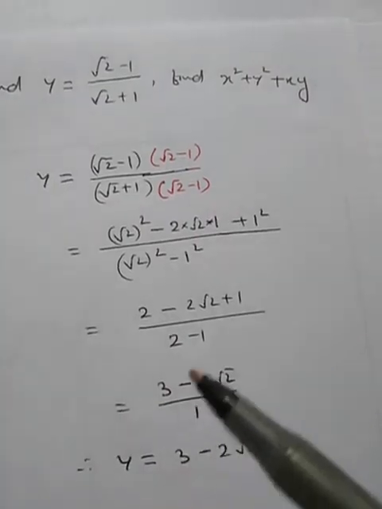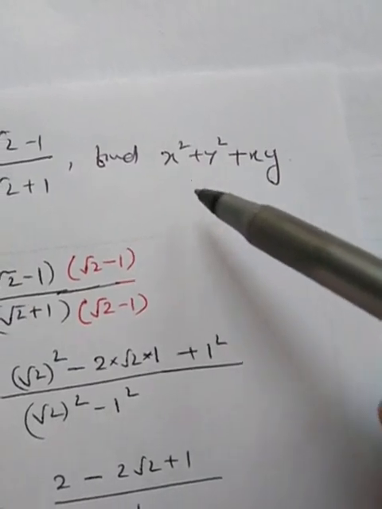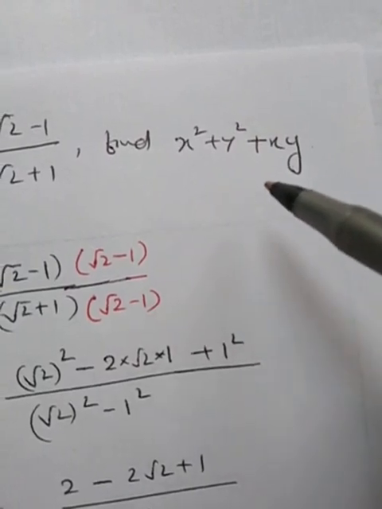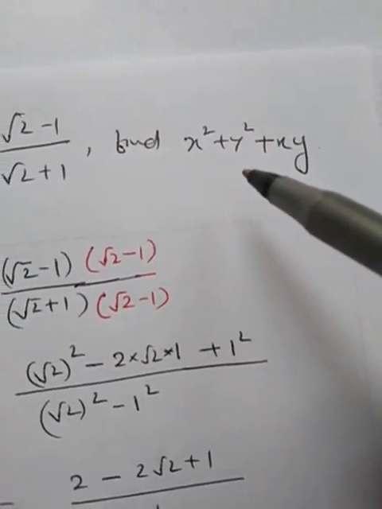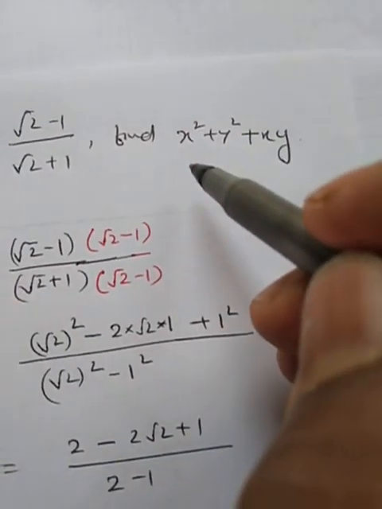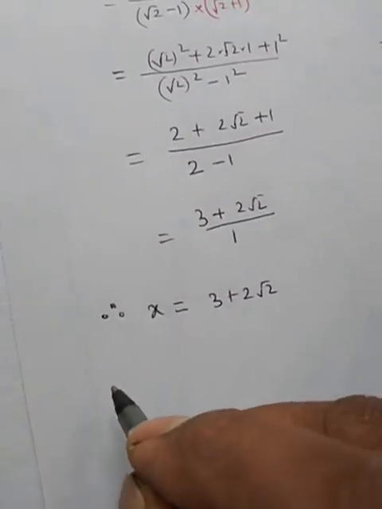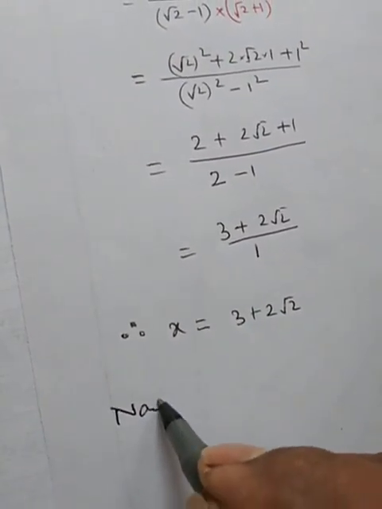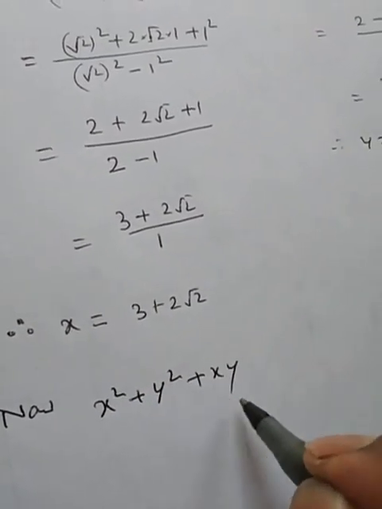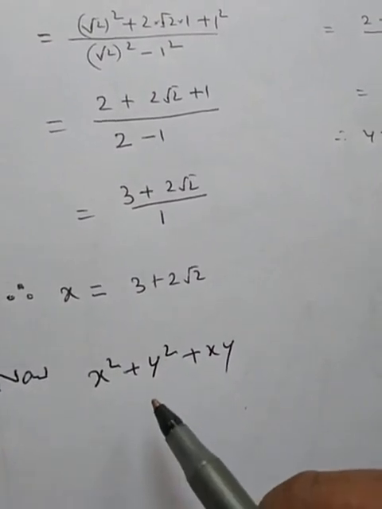Now here also you can put the value of x and y directly in place of x and y and simplify, which will be a little bit lengthy. But instead of this, if we use some identity, then it would become easier to get the answer. So what identity will we use? Here you can see x square plus y square plus xy. In place of x square plus y square, in the previous sum we used one identity.